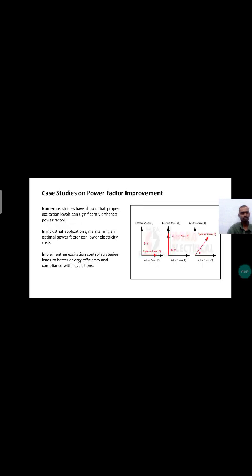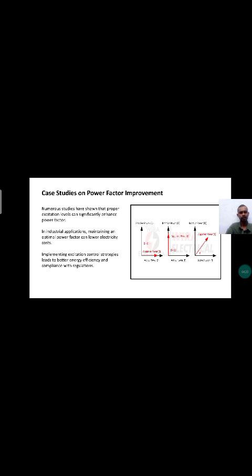Case studies on power factor improvement. Numerous studies have shown that proper excitation levels can significantly enhance power factor. In industrial applications, maintaining an optimal power factor can lower electricity cost.